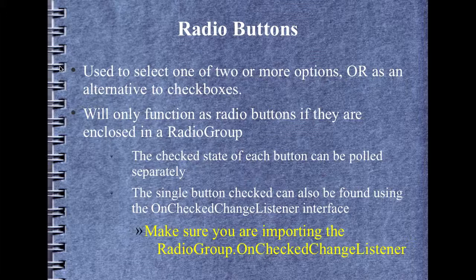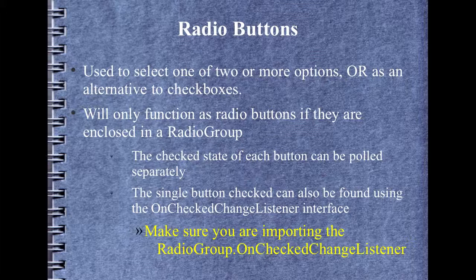Within a radio group, we can either poll the checked state of each button separately to find out which button is selected, or let's say we're only interested in one particular button, or we can also get the one button that's checked using the OnCheckedChangeListener interface that goes with the radio group.